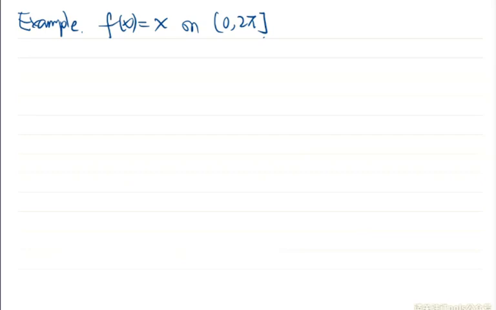Okay, so we consider the next example. f(x) is x on 0 to 2 pi. So we draw the picture of this f. From 0 to 2 pi, f is x, and at 0 it is not defined.